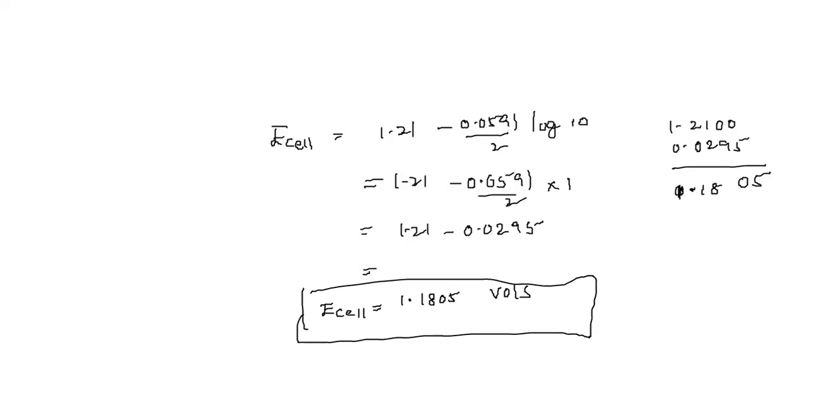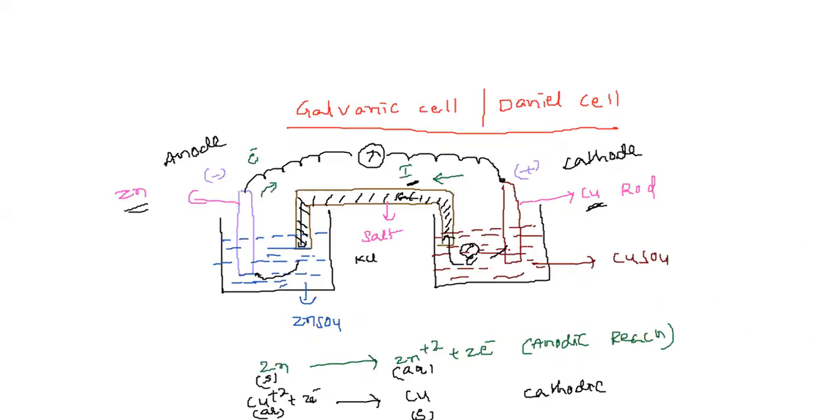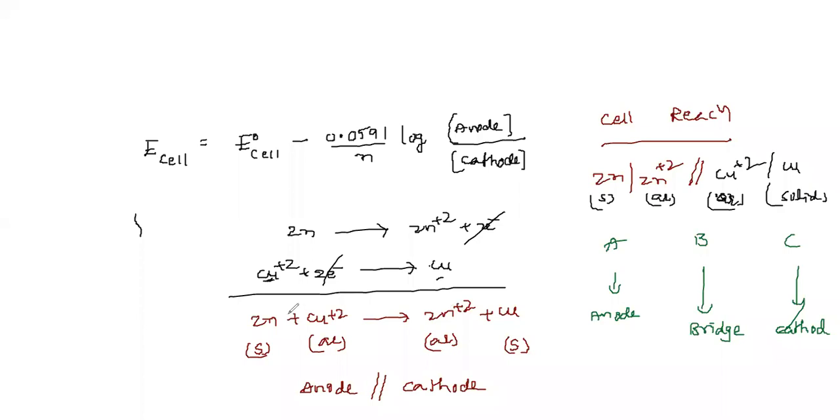So first you have to find out which one is anode and which one is cathode for the galvanic cell. Again, this is the total cell reaction or net cell reaction. The representation of a cell is anode, salt bridge, cathode. So the simple trick is ABC: anode, bridge, cathode.